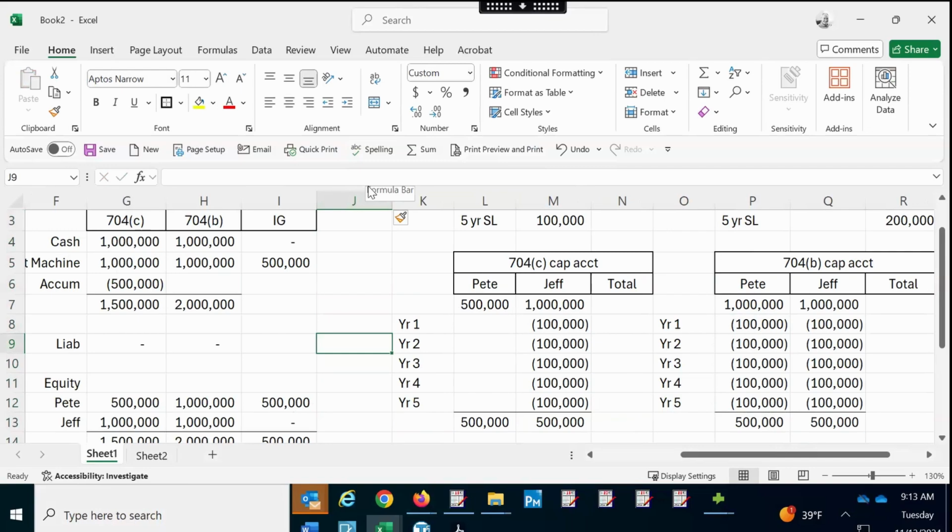There was 500,000 of tax depreciation that was available. We didn't bump into the ceiling, but Pete gets 0 tax depreciation off that asset as we go, and Jeff gets 100% of it.